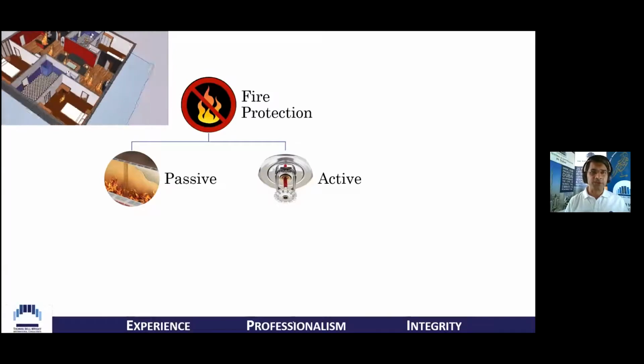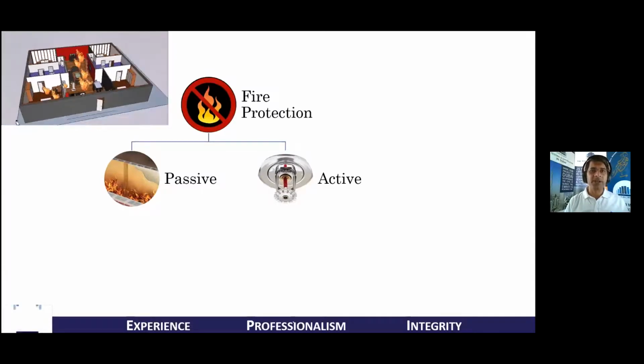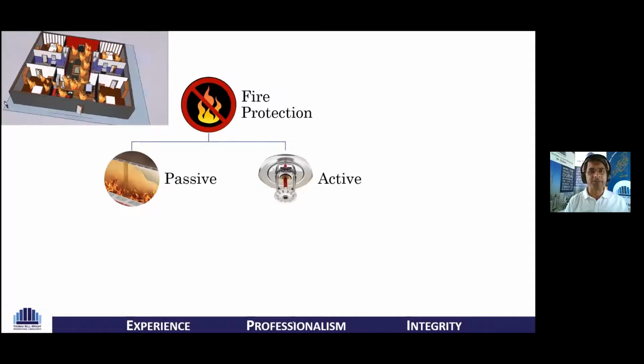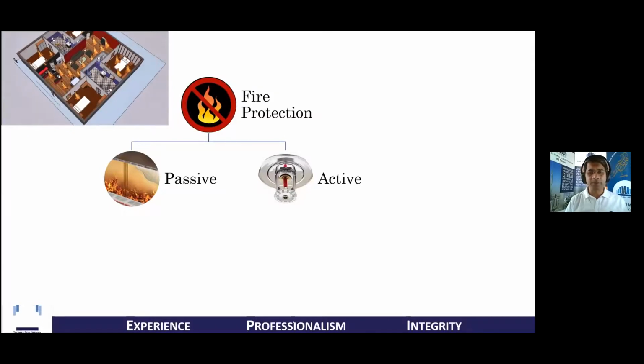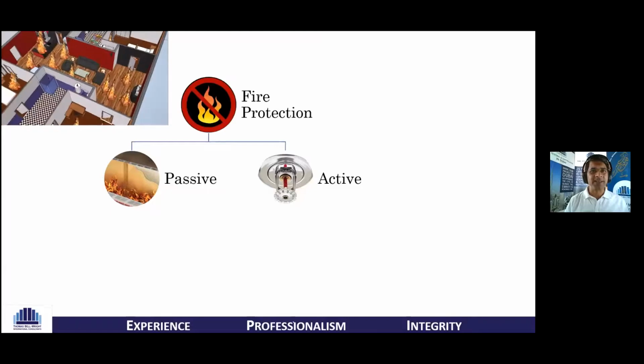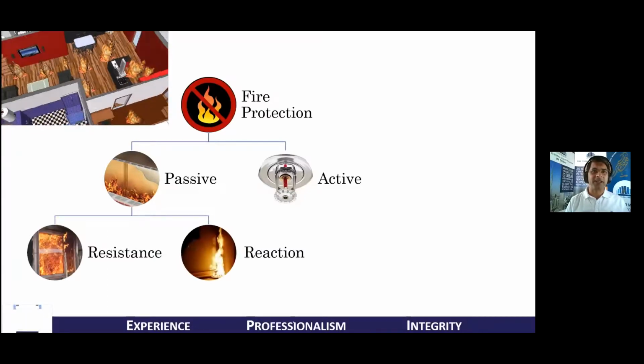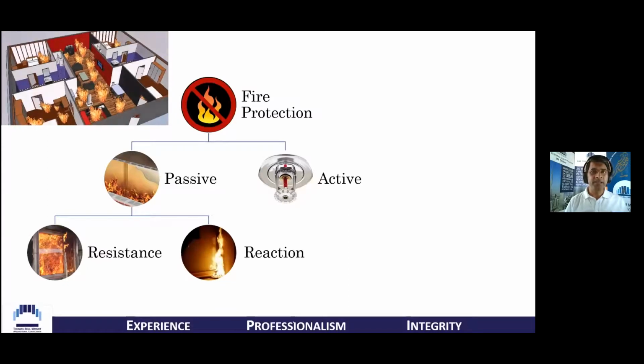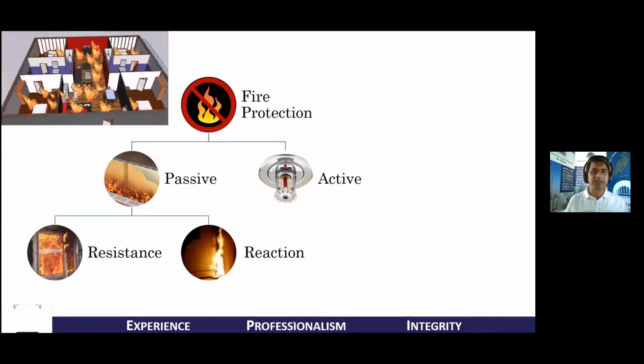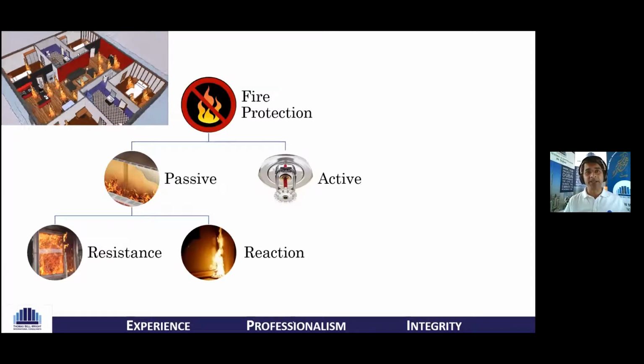The proactive approach is what is often called a passive fire protection approach. What the passive fire protection approach does is that we make sure that in case a fire does break out, it does not react with the material in the surroundings and grow very, very quickly.